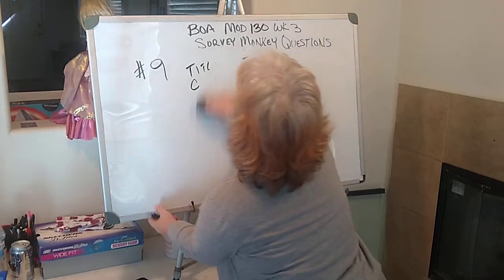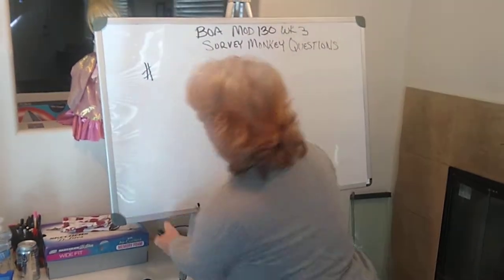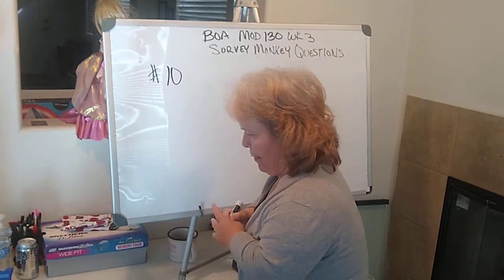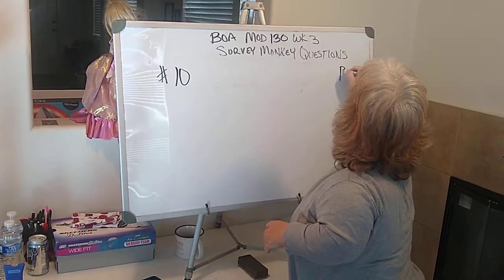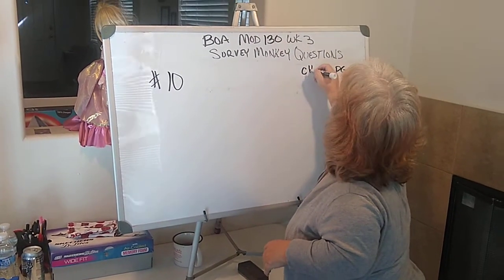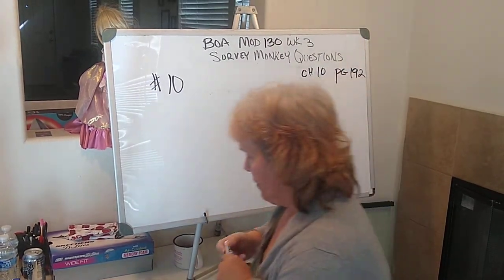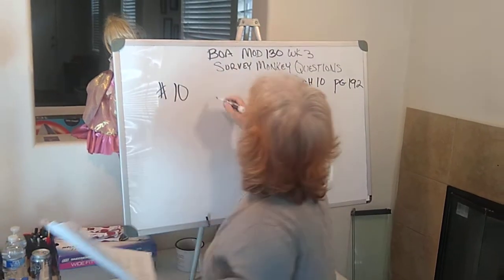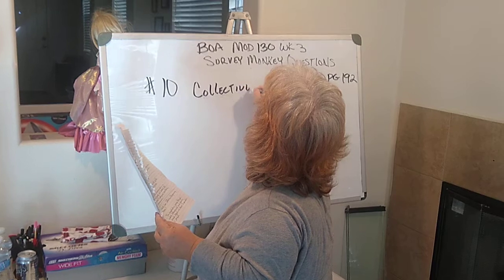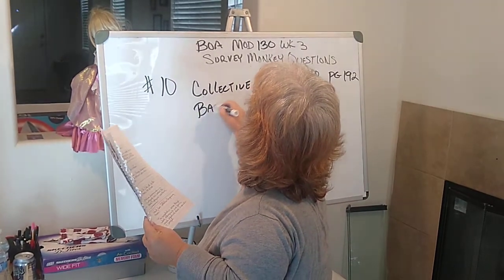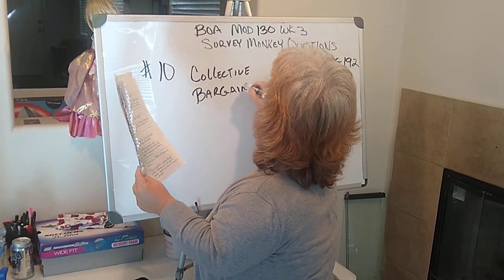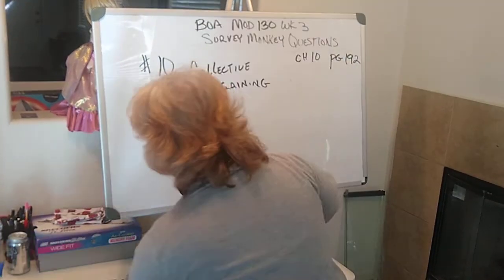All right, one more. Uno más. Number 10 can be found on page 192, and that's still chapter 10. What does collective bargaining mean?